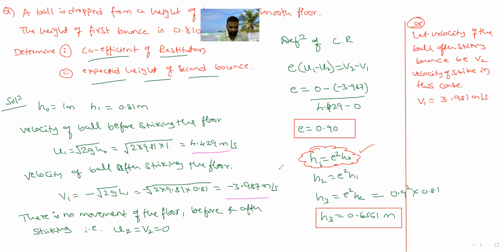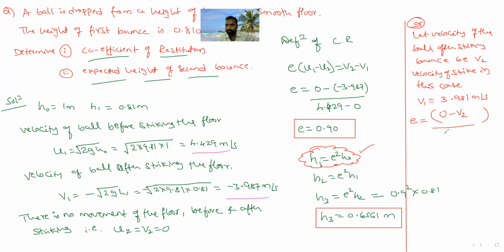Then E is equal to, what is E? E is equal to V3 minus V2. What is the V3 value? After striking this one, 0, because that will come towards the height. 0 minus V2 divided by U2, what is U2?